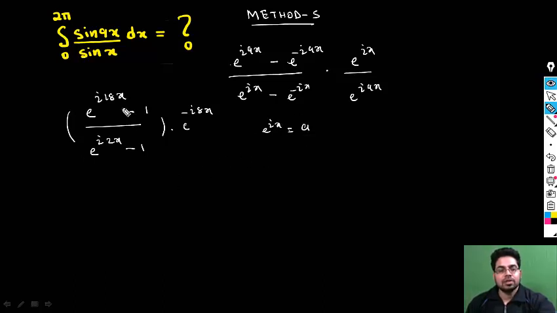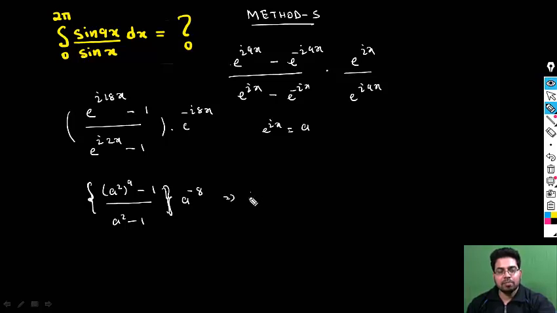So this expression then becomes a square to the power 9, because it is a to the power 18, minus 1 divided by a square minus 1, and here we are having a to the power minus 8.